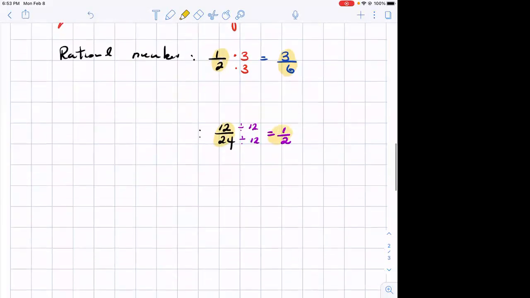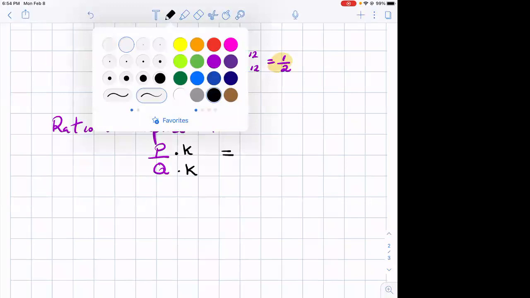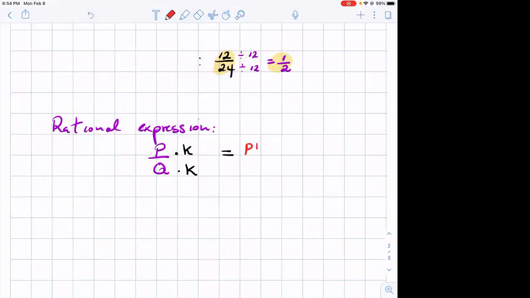Now for rational expressions, if we have a rational expression P/Q, and we multiply the top and bottom by some polynomial k, this is equivalent to P times k over Q times k.